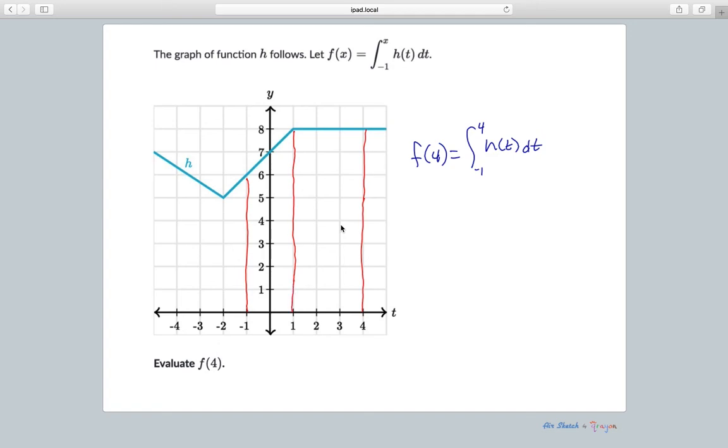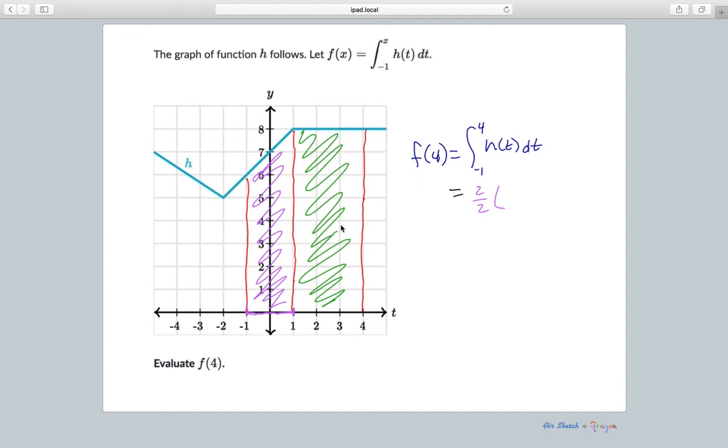I'm going to break it up into 2 sections. We have our rectangle, and then again, we have a trapezoid. All right, so let's do it. The trapezoid is going to be half the height times base 1 plus base 2. The height is the distance between the parallel bases, so that's a height of 2.